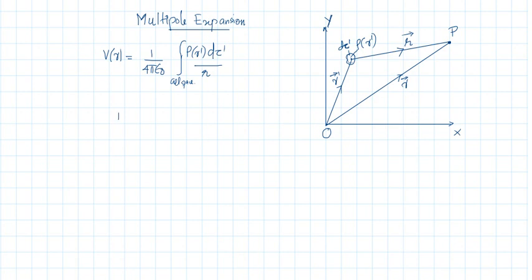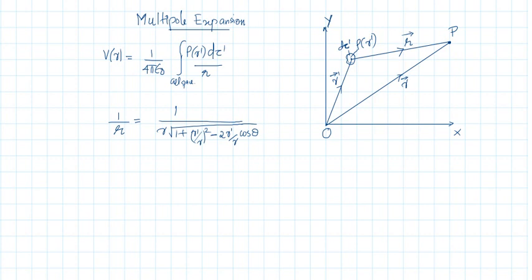For that, we have to write 1 by script R as 1 divided by r into root of 1 plus r prime by r the whole square minus 2 r prime by r cos theta. This is obtained using the cosine law.